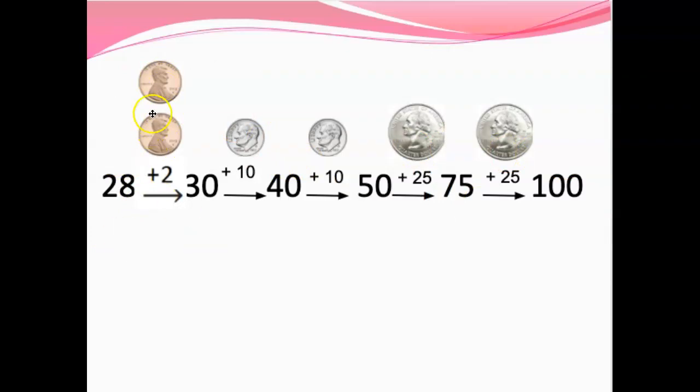So now we need to think about how much more we needed to add from 28 to make 100 cents. So now we add up what we added on. 25, 50, 60, 70, 71, 72. So we started with 28 cents. We added 72 cents to make $1.